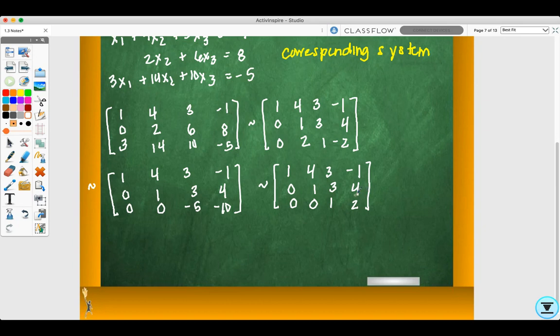So with this, I notice I have 3's for both of these. So I'm going to take negative 3 times row 3 and add it to row 1 and row 2 to eliminate my 3's above so that I have 0's above that 1.